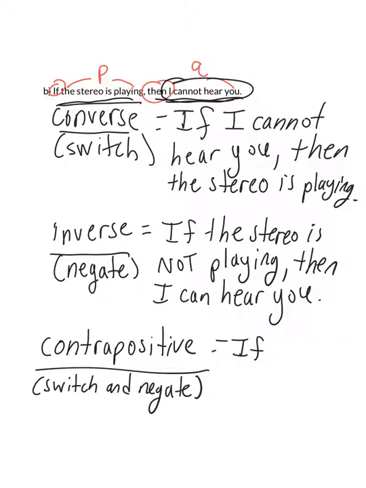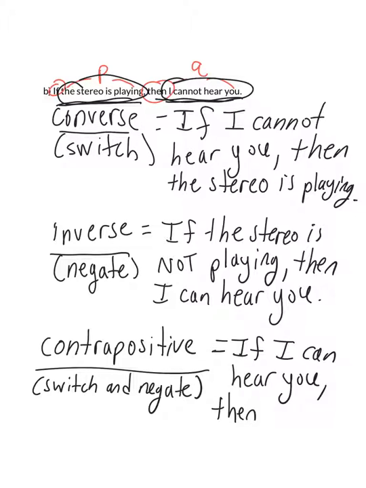So if I can hear you, into the then portion, the stereo is playing becomes the stereo is not playing. If you only see the word if, that means that the then is implied, so it is an actual conditional in disguise.